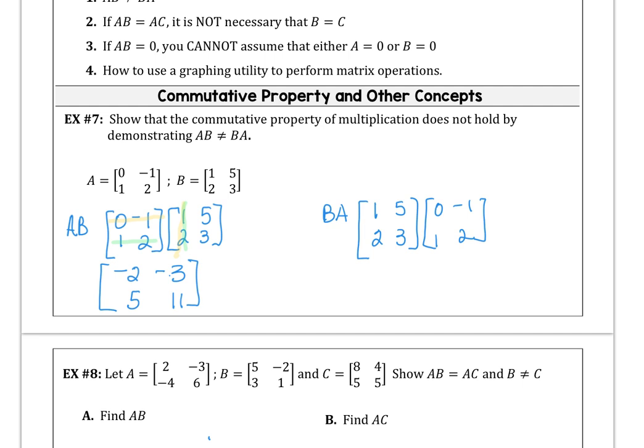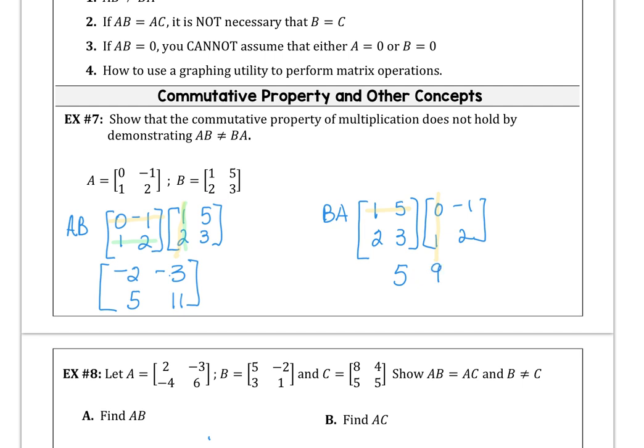Then B times A is going to give us, get my highlighter out again, row 1 times column 1. We have 1 times 0, 5 times 1, that's a 5. 1 times -1, and 5 times 2, that's 10 minus 1, that's a 9.